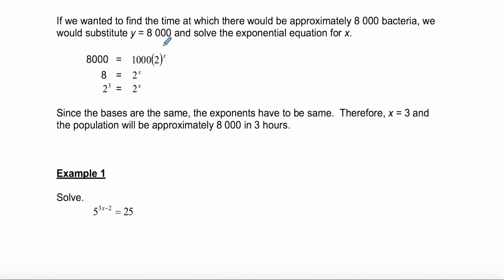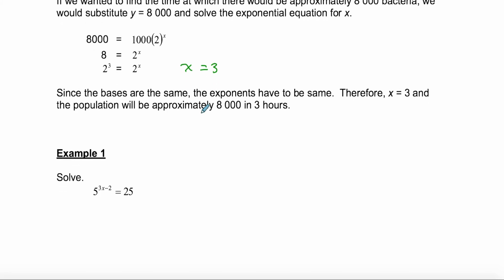If we divide both sides by 1,000, it would look like this: 8 equals 2 to the something. Well, 2 to the exponent 3 is 8, so x equals 3. So we have solved that exponential equation for x.